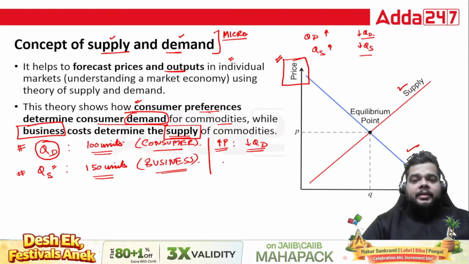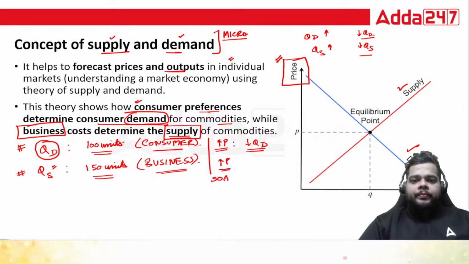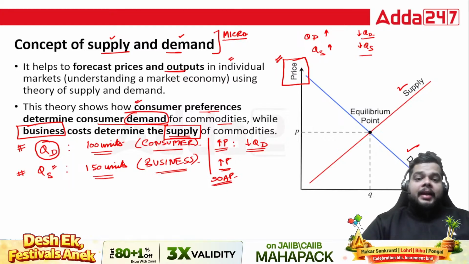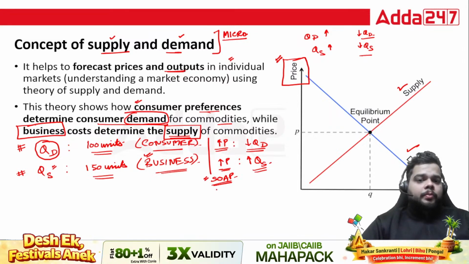And whenever there is a high price in the market, let's suppose soap is selling at higher prices, the business firms will do what? They will increase the quantity supplied of this particular soap. Why? Because they want to maximize their profit.